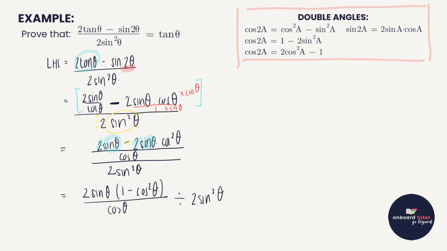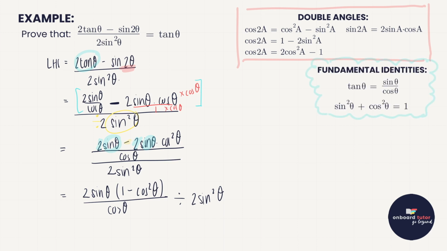Now what do we know about this here? 1 minus cos squared theta. That is one of our fundamental identities. So since sine squared theta plus cos squared theta equals 1, if we were to take this over, we would end up then with 1 minus cos squared theta, which is equal to sine squared theta.